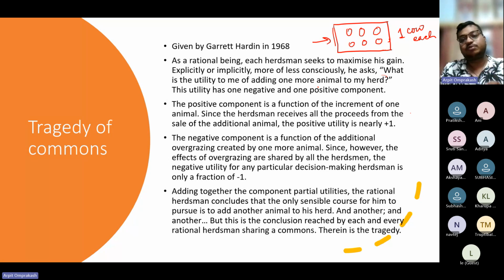And eventually, the grassland can only sustain a certain number of animals. After a point, there won't be enough grass for us to feed all of our cows. So eventually, the cows will begin to die off, or the cows will be underfed and they won't produce. Let's say initially they were producing 20 liters of milk every month.